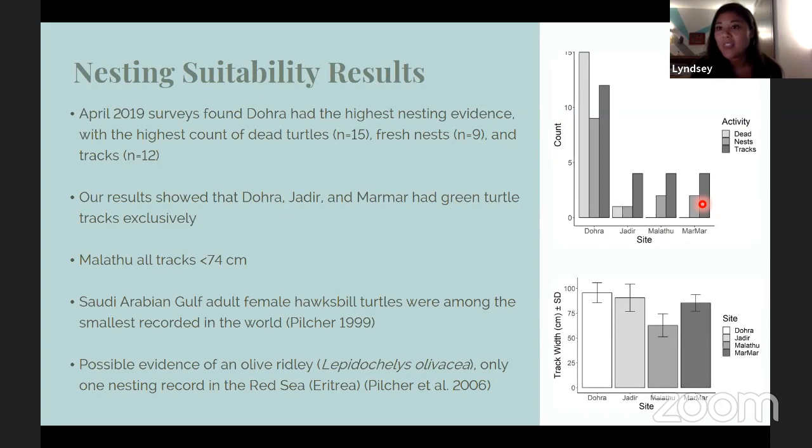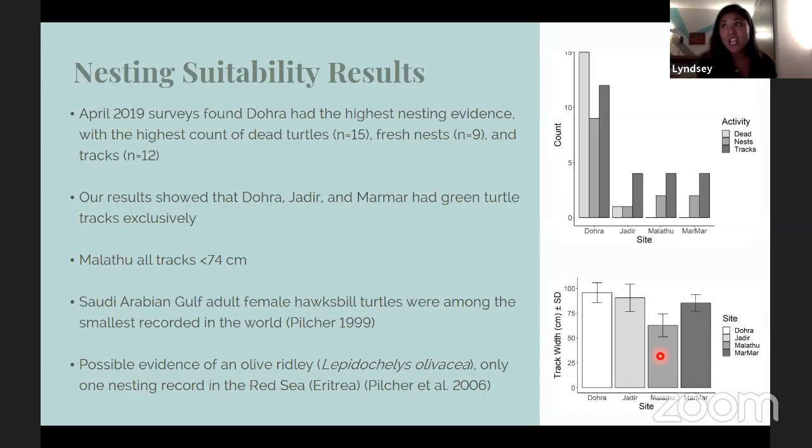Next, we wanted to look at what species were nesting on the islands, and using the width of the track, we figured out that Dora, Jadir, and Marmar all had green turtles. But Malatu, interestingly, had smaller tracks. They were all less than 74 centimeters, and the smallest was around 54, which is actually smaller than most hawksbills.